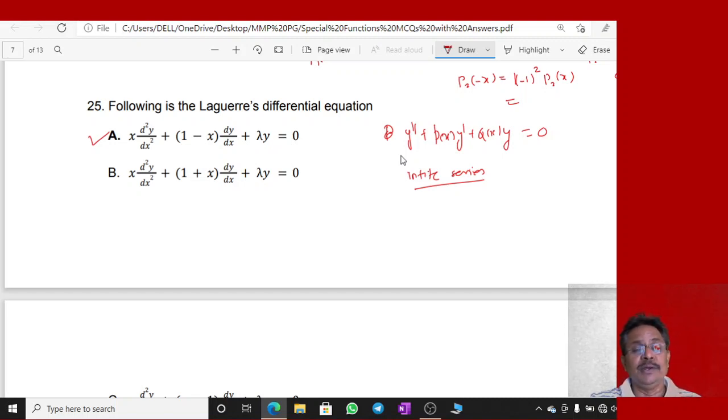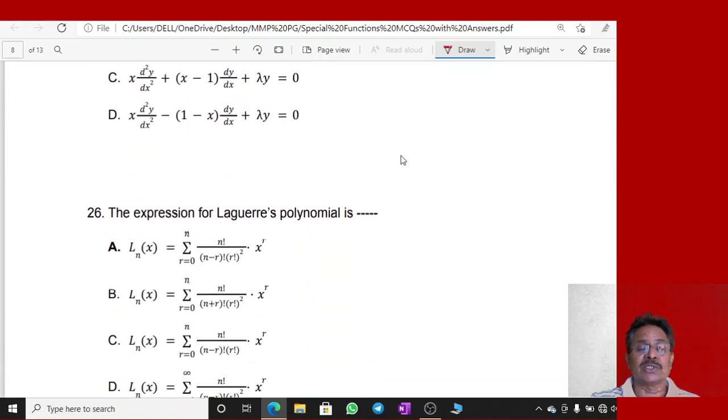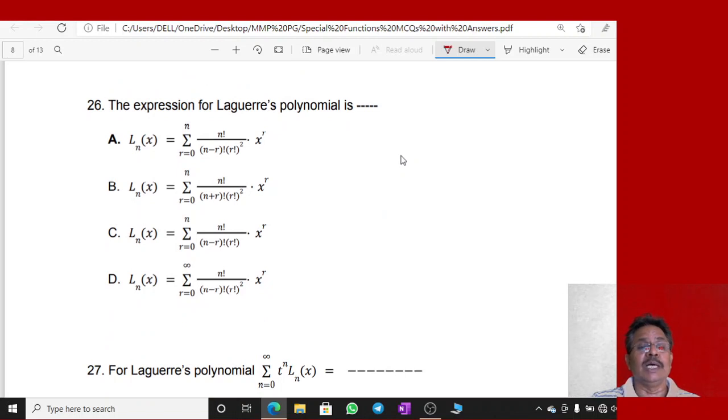So what we did in case of Legendre polynomials, same thing we can apply here in case of Lagrange polynomials too. So solve this Lagrange differential equation given by option A using the Frobenius series solution method, and get the solution which is an infinite series. Now get the polynomials using certain boundary conditions, and based upon that we get a Lagrange polynomial as follows.